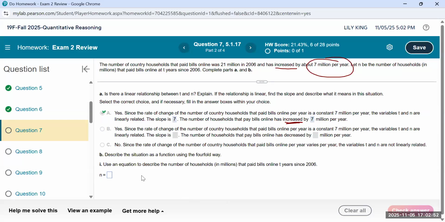Now for B, we have to write an equation. This equation has to be in the form y equals mx plus b, but we have to write this in terms of n and t. So we already know the recurring change.